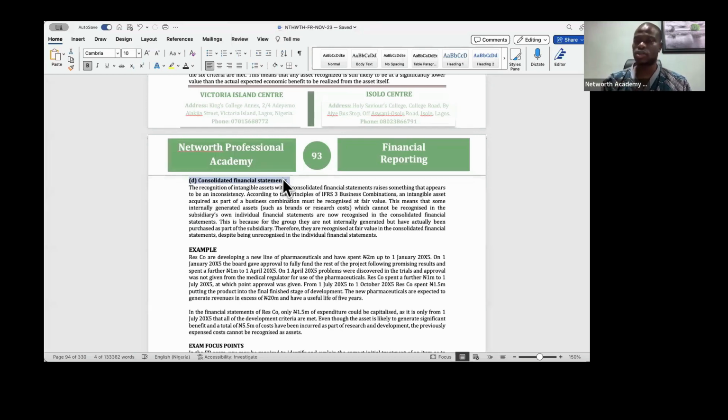You can put them in a consolidated account, even though in the individual financial statements of those entities, because we cannot determine their costs and their benefits, we don't capitalize them, what we do is expense them. But when they teach you group accounts, you'll find out that most of these items are capitalized. They are put as intangible assets in the group account. The explanation is that on consolidation, the parent actually paid for it when he wanted to acquire the subsidiary. So he knows how much it's worth.